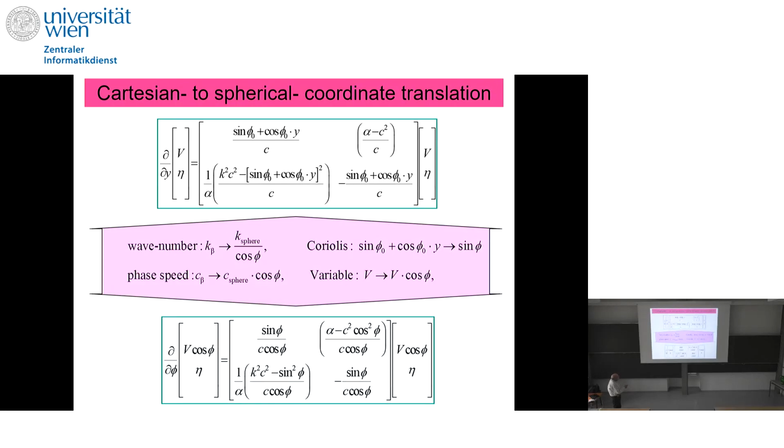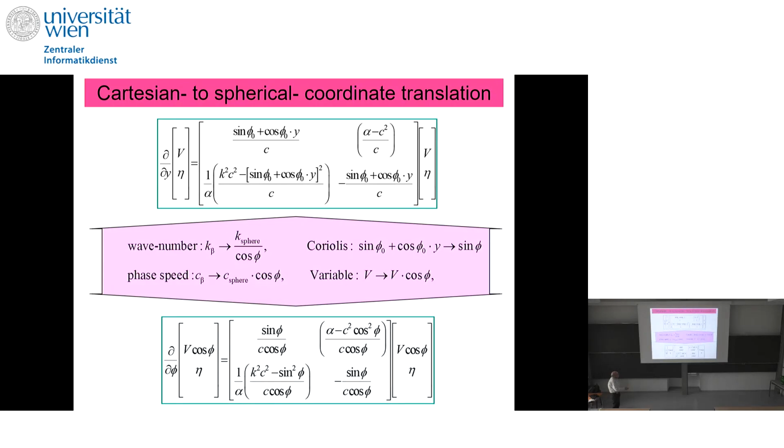And what we realized is that on the beta plane you have k multiplying x. This k should be transformed to k over cosine phi on a sphere, because on a sphere lambda replaces x. So you now have to pay for it with the appropriate transformation of k. The phase speed does the same transformation from c to c cosine phi.